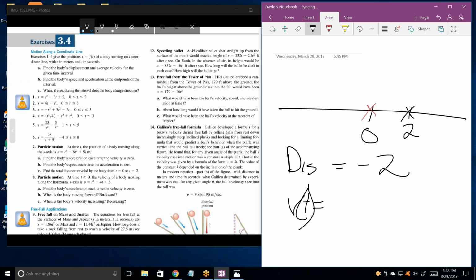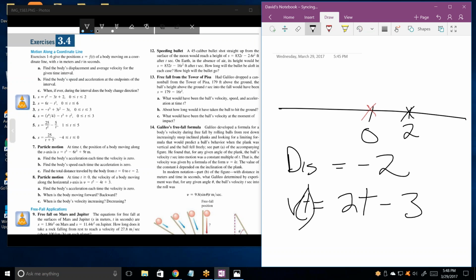This function they gave us is the position function. So if we want the velocity function, we're just going to take the first derivative of the position function. For t squared, the derivative would be 2t, then 2t minus 3. That's the velocity function.